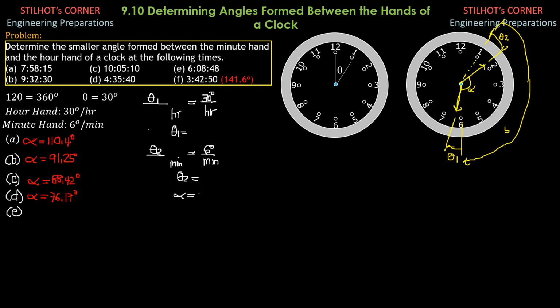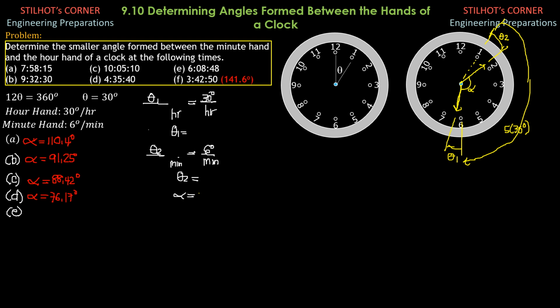So this is 5 times 30 degrees. So alpha from the figure is 5 times 30, then minus theta 2, then plus theta 1 this time.